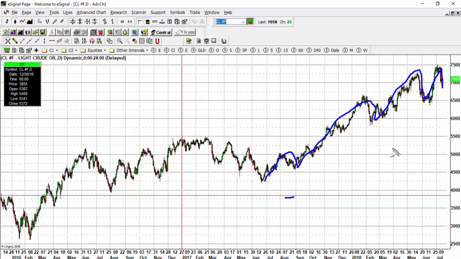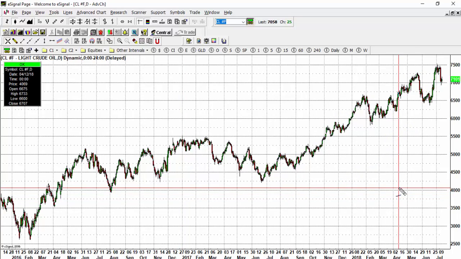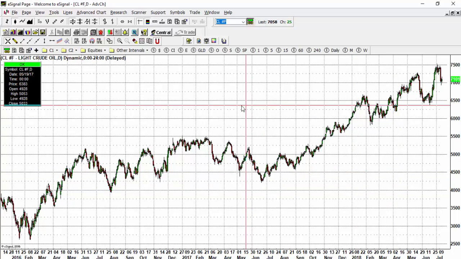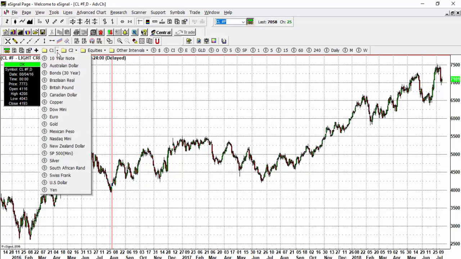So this is in a broader uptrend, and because of this uptrend, the crude oil does play a heavy factor in the commodity index, and that's why the index isn't as down as it could be, and that's because of the crude oil market still moving to the upside.